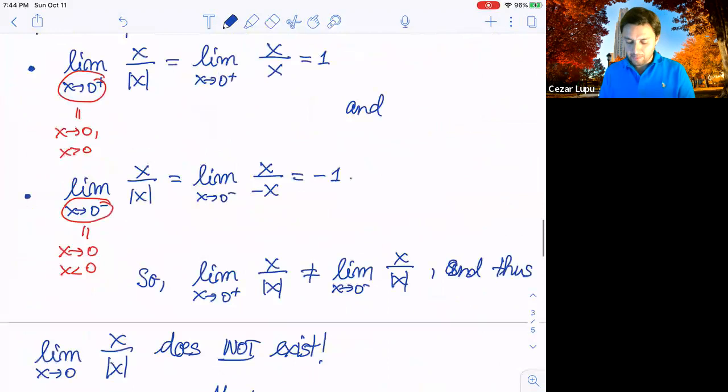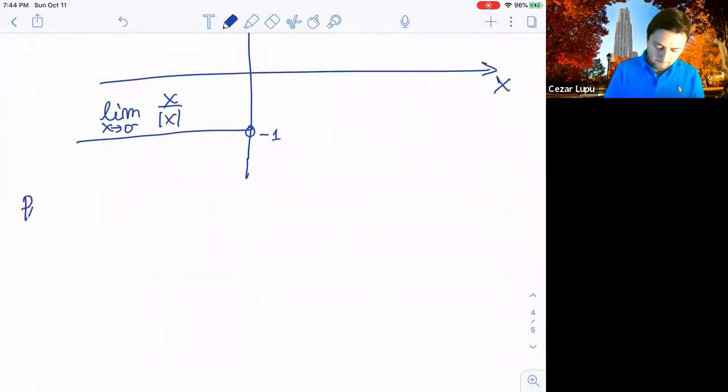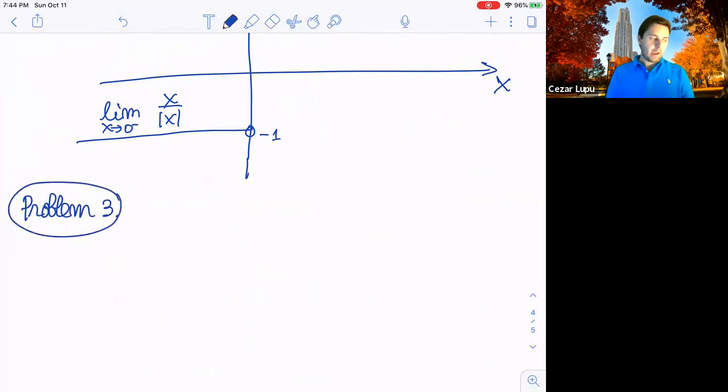Problem 3. Okay, so problem 3, the same thing, compute the following limits.